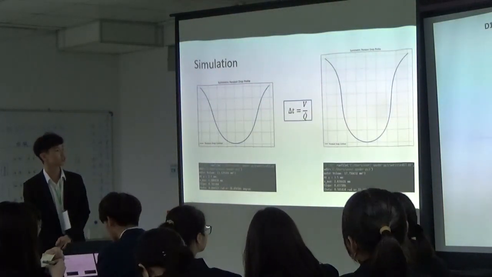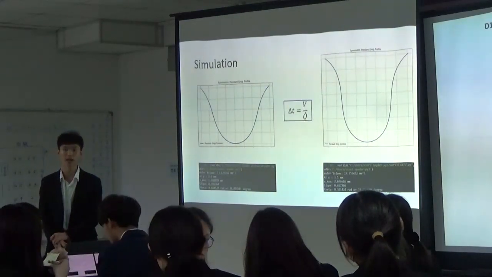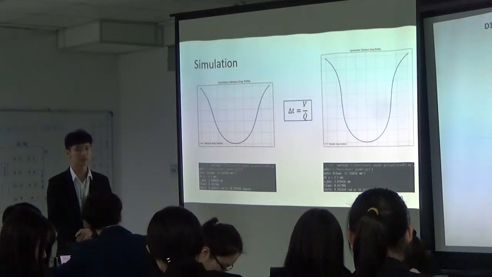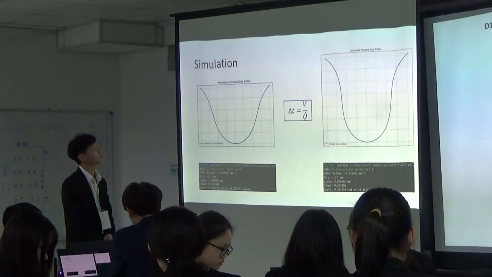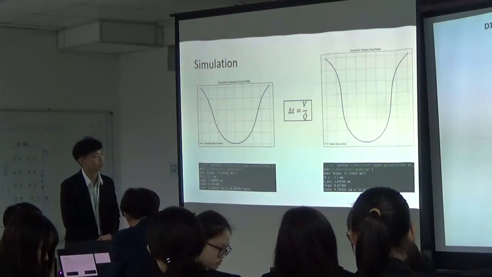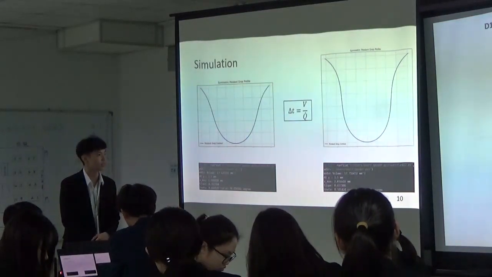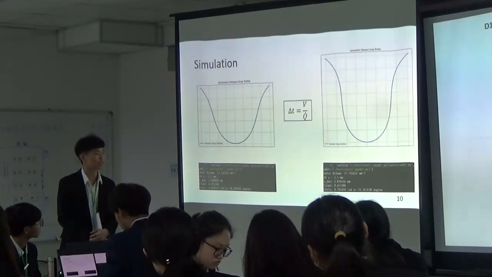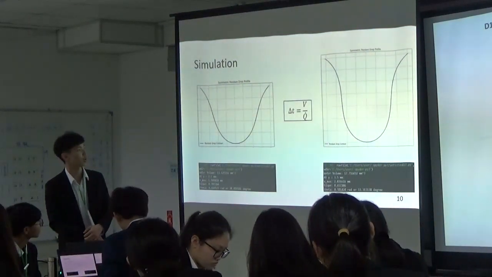We use the formula to simulate the shape of our droplets. So we can use the code to calculate the flow rate and measure that. And under what condition is the time interval?